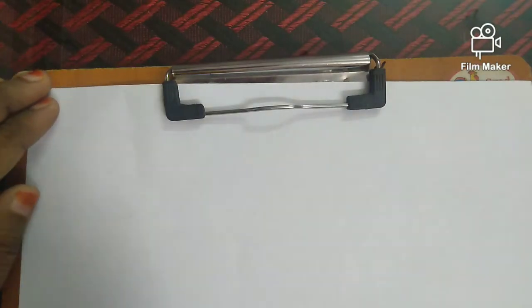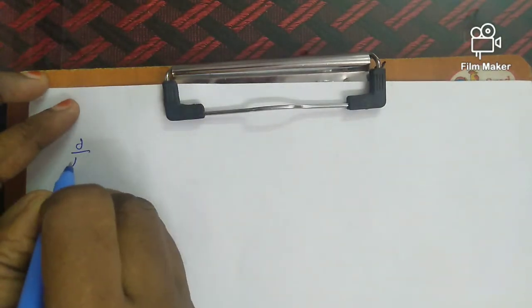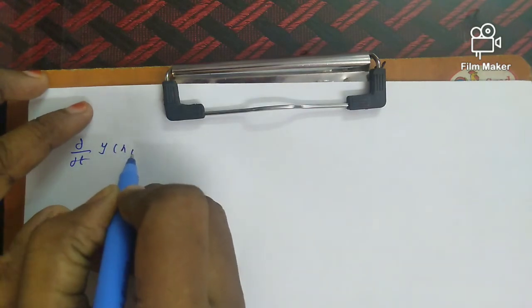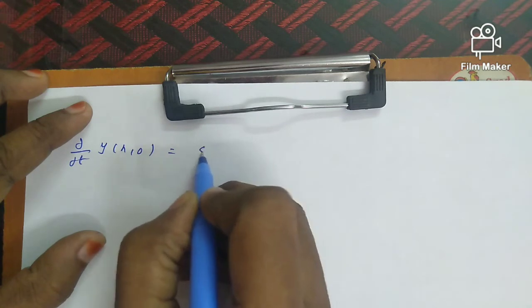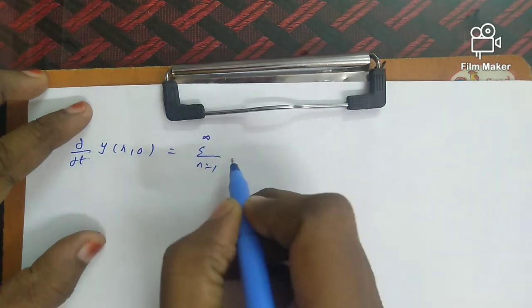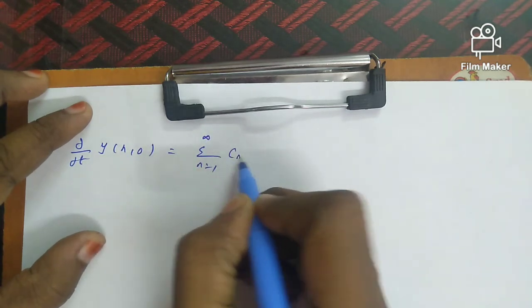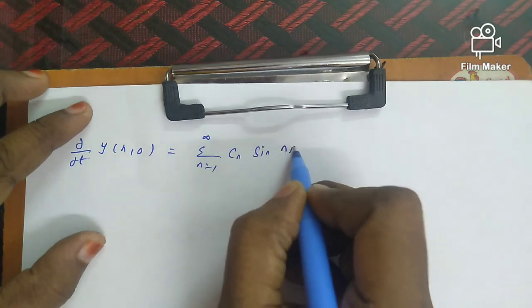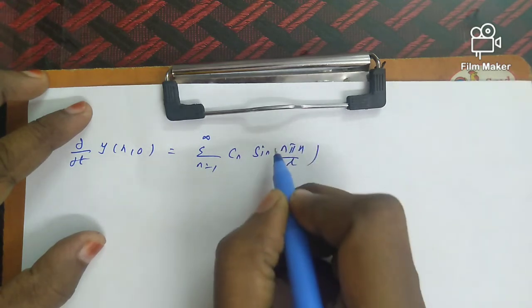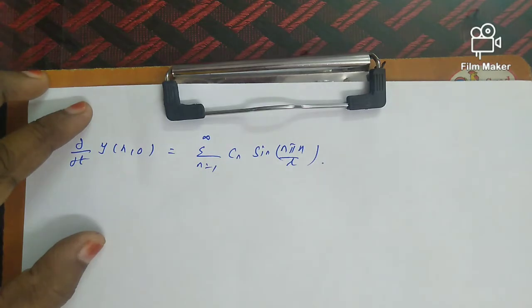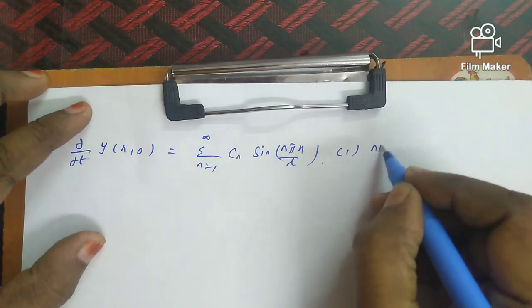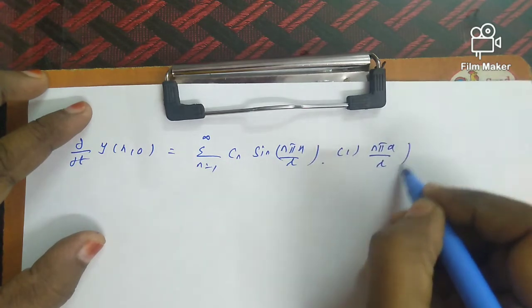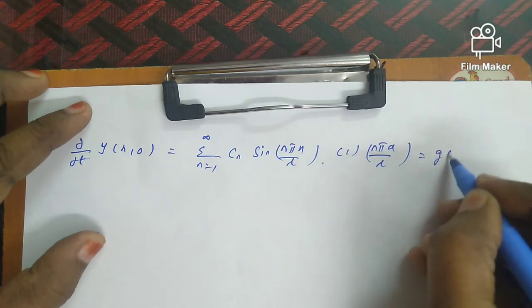So what will happen? Dou by dou t of y of x comma 0, because t equal to 0, equal to sigma n equal to 1 to infinity Cn sin n pi x by L into cos n pi at, so t equal to 0, cos 0 value is 1, into n pi a by L, which is equal to g of x.